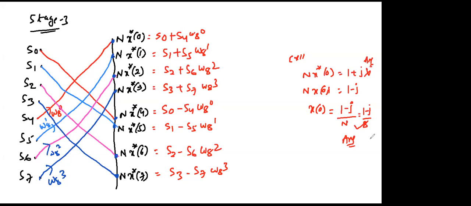This is very important because you are getting N X conjugate 0, N X conjugate 1. So what to do? First take the conjugate. Conjugate means simply replace j by minus j. Then divide by this capital N. That's all. Okay. This is very, very important.